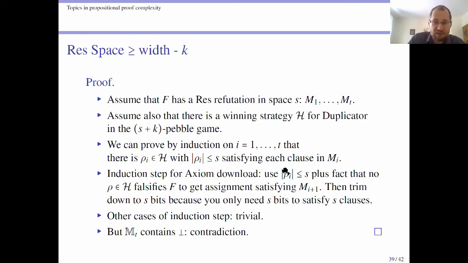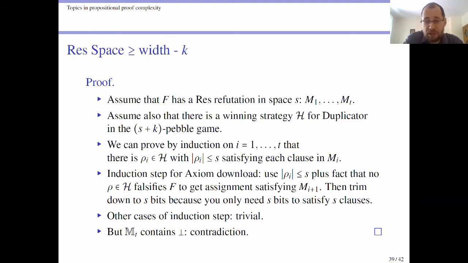And since you cannot falsify the clause by this procedure, because no assignment in duplicator's family falsifies F, that means that duplicator actually satisfies this new clause. So we can keep just one variable, and therefore satisfies all the clauses in MI+1.